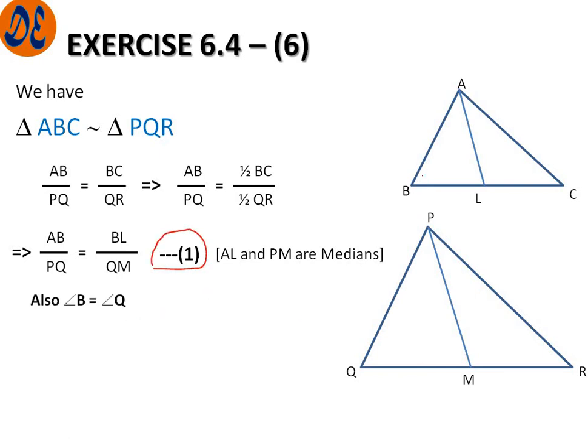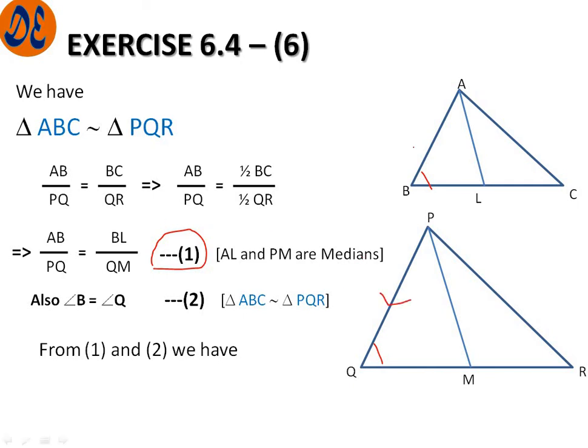Also we have angle B is equal to angle Q, because both the triangles are similar. Again from 1 and 2 what we get? See, the ratio of this side and the ratio of this side are equal, and the angle between those two sides are same. So we can say that triangle ABL is similar to this triangle.